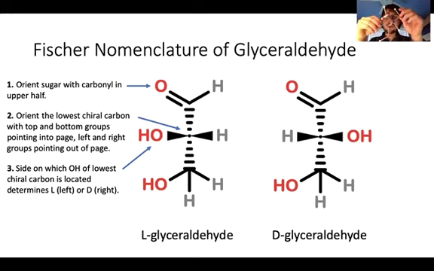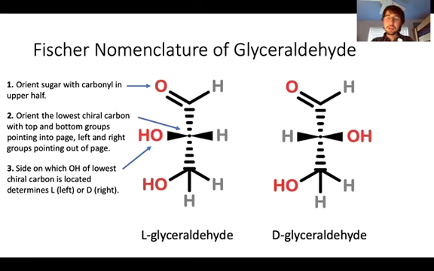It had been observed that there were two different forms of glyceraldehyde, and a solution of one of them would rotate light to the left, and the other would rotate light to the right. The one that would rotate light to the left was given the designation levorotary, and the other one dextrorotary.